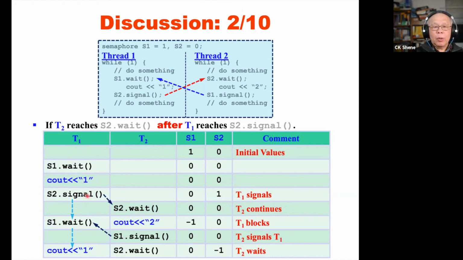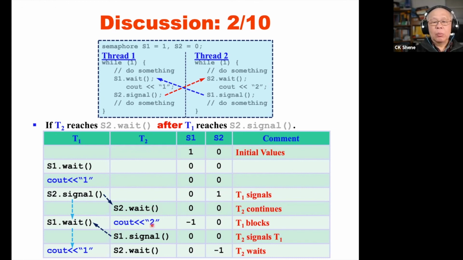Before thread 1 signals S2, the initial value of S2 was 0. After this signal, the counter value of S2 becomes 1. Then, because we assume that T2 reaches its wait after T1's signal, T2's wait simply reduces the counter value by 1, making it 0. So T2 can still go.